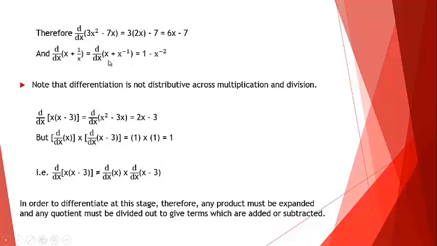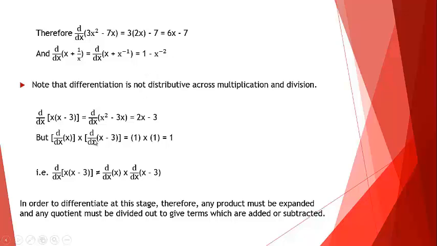As we are differentiating separately, we get the differentiation of x with respect to x plus the differentiation of x to the power negative 1 with respect to x. When we differentiate x with respect to x, we get 1, since the power of x is 1 in just x. When x to the power negative 1 is differentiated with respect to x, we multiply by the power and then take away 1 from the power. That would give us negative x to the power negative 2. So that's how we get 1 take away x to the power negative 2 as the answer.